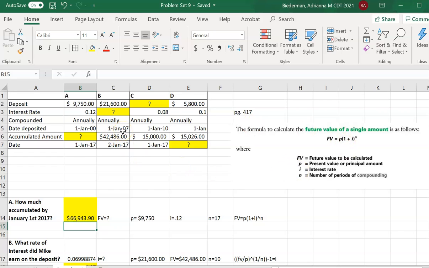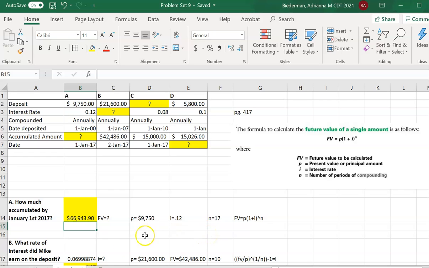You deposited it in January 2007, decided to take it out in January of 17, which means you have 10 years that you've been compounding this interest. Your accumulated amount is going to be $42,486. Okay, sorry, $42,486 is the future value of your money.